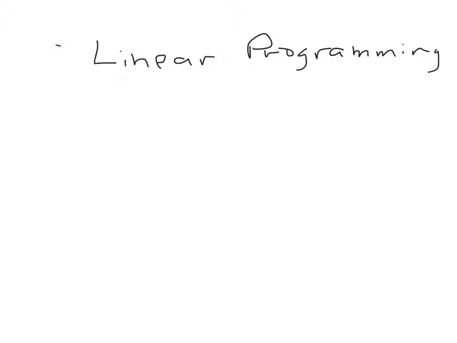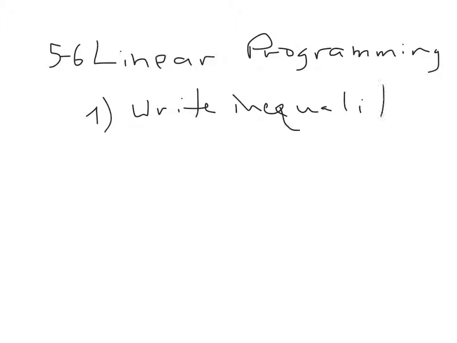Okay, a quick review of linear programming, section 5-6. What were our steps? How did we accomplish it? One, write your inequalities. Two, graph your boundary lines.